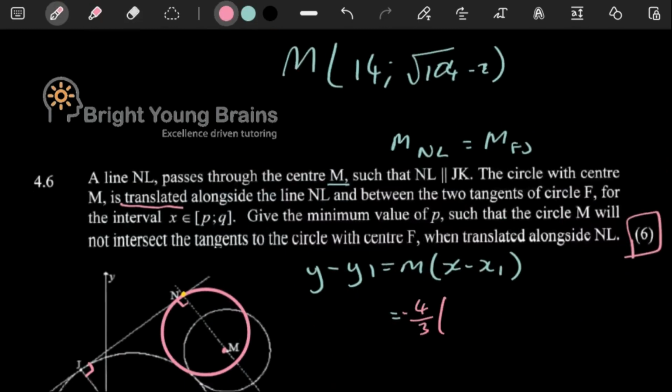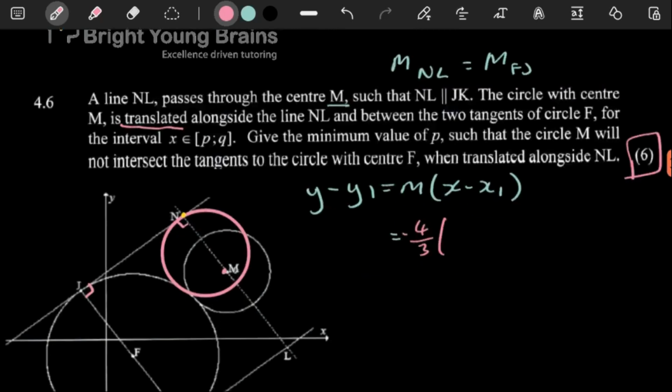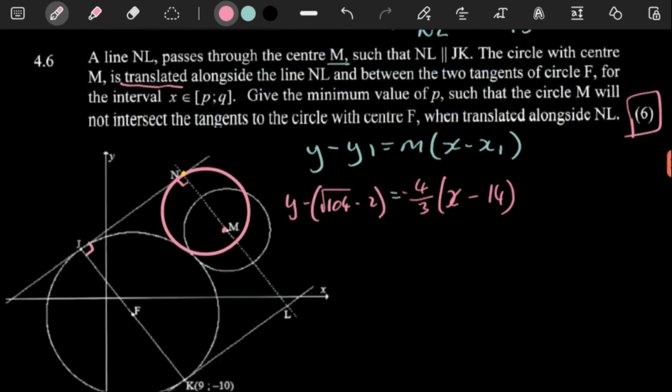So the x value that the line passes through, we have M, so we can have x minus x1, which is 14, and y minus y1, which is the whole 100 and what? The whole square root. You have to be careful. If you don't put your answer inside brackets here, it's going to be wrong. So let's do it slowly.